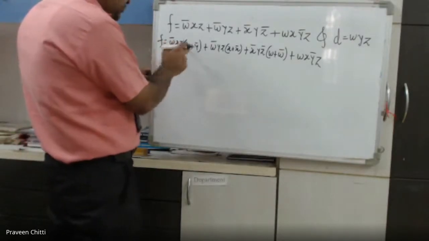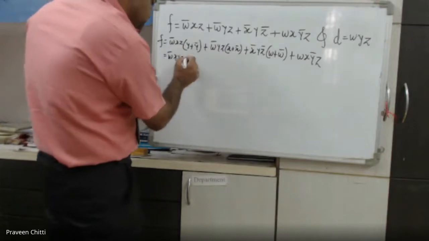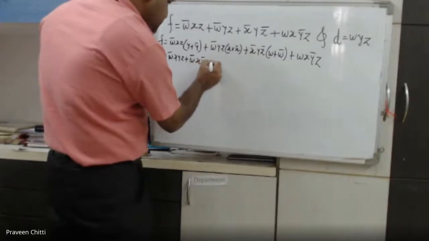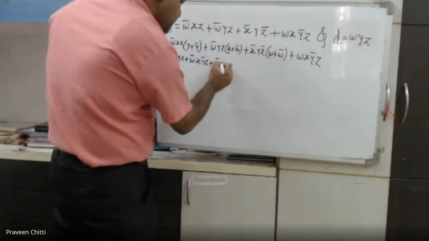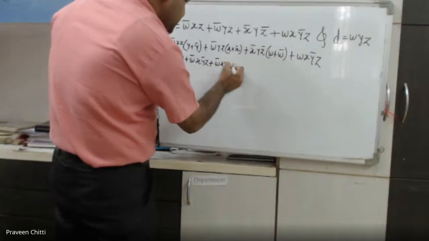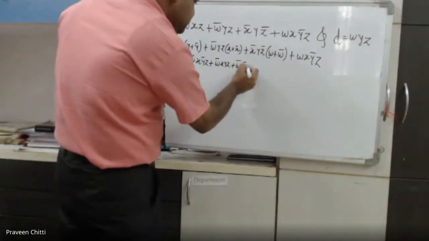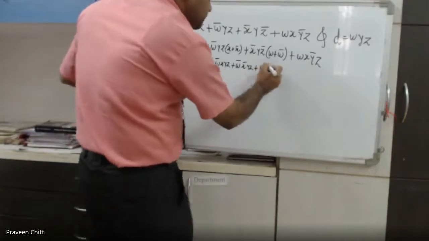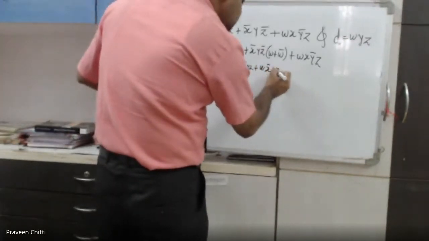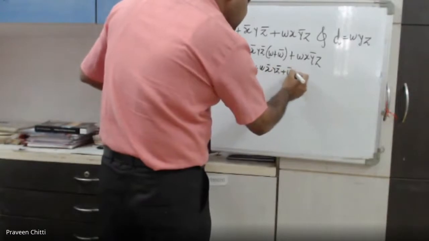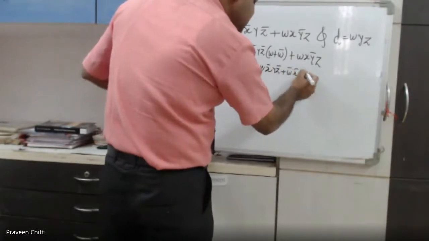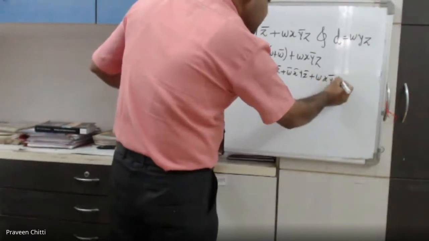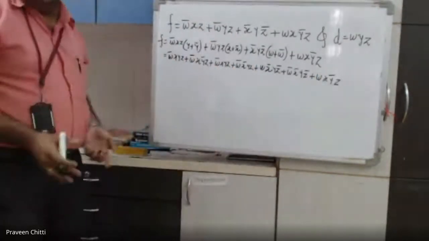Now W bar X Z Y. I have written it as W bar X Y Z plus W bar X Y bar Z, then W bar X Y Z plus W bar X bar Y Z, then W X bar Y Z bar plus W bar X bar Y Z bar, and last W X Y bar Z. So we got all the terms now.